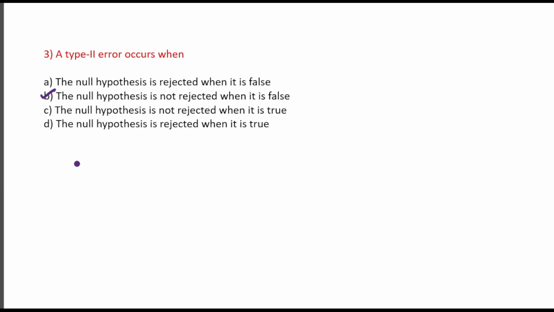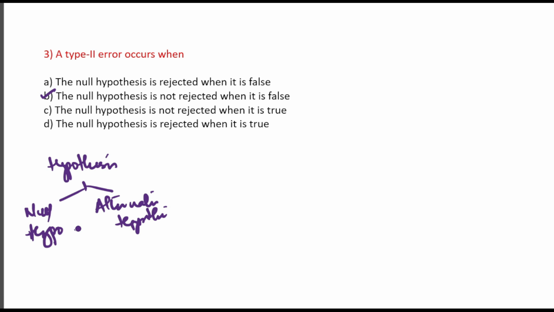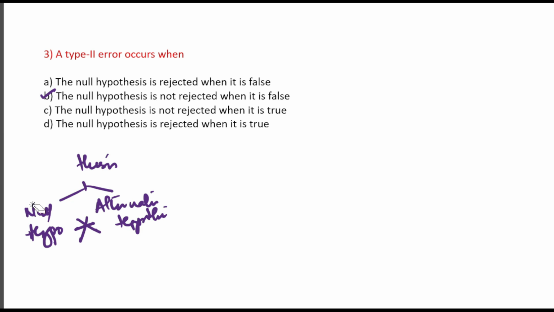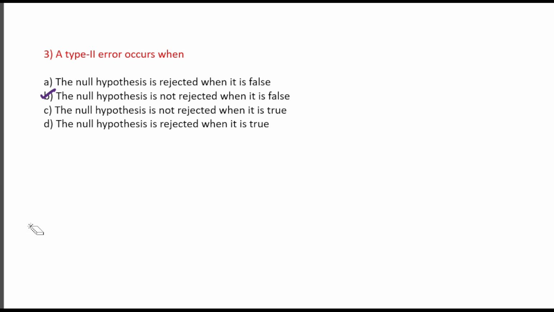To know this, first of all, you have to know what is type 1 error, what is type 2 error, what is hypothesis. Basically, hypotheses are of two types. One is the null hypothesis and the other one is the alternative hypothesis. Both of them are opposite to each other. Now, when you do testing, you will come to conclusions and then a few errors will also come.